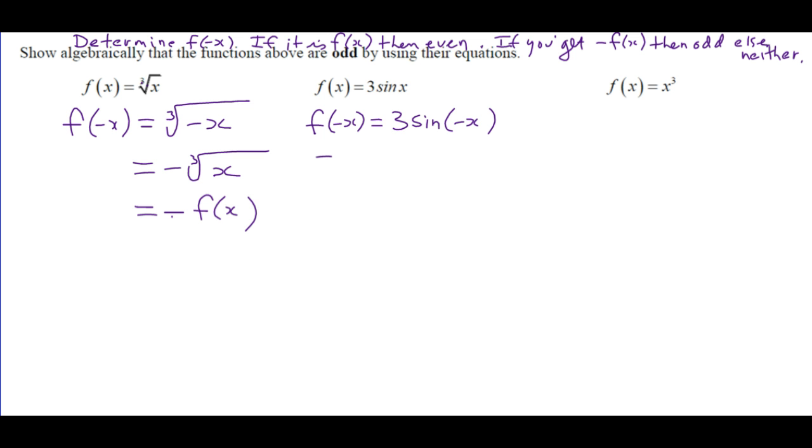So that's equal to 3 sine of 0 minus x. Oh, sorry, that is not right. It's sine 0 cos x minus cos 0 sine x.